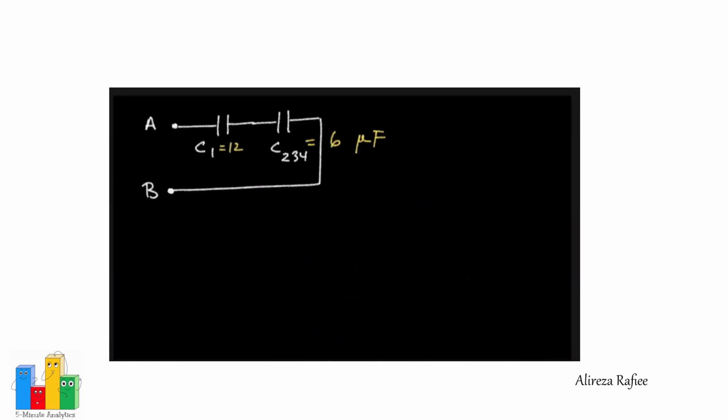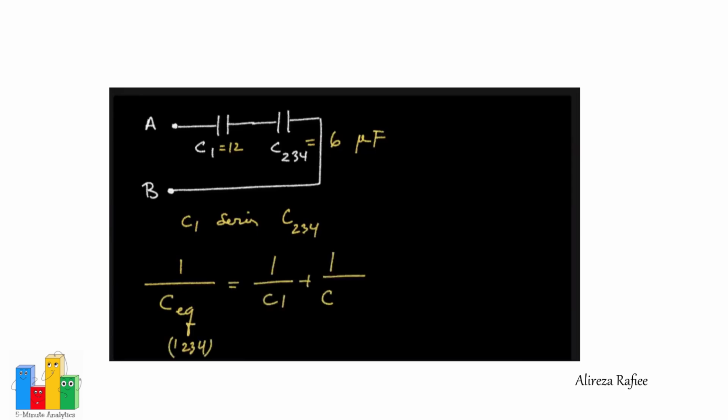And so now C1, again, is in series with C234, thus 1 over the equivalent of 1, 2, 3, 4, if you like, would be 1 over C1 plus 1 over C234.